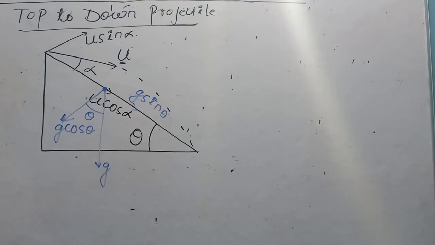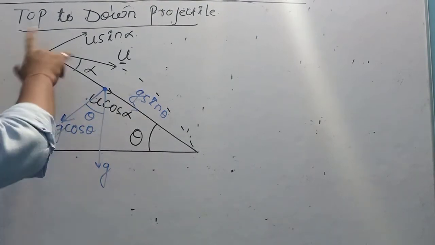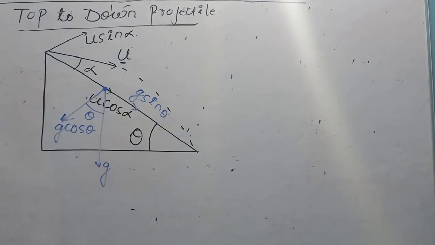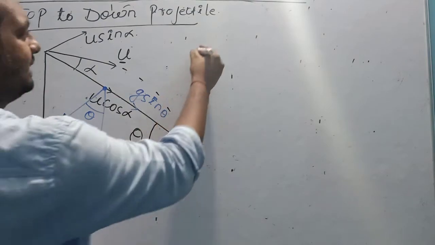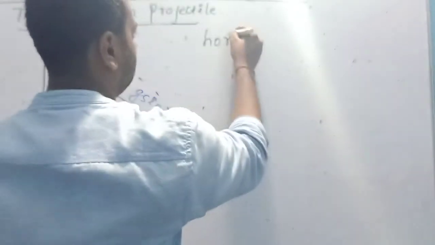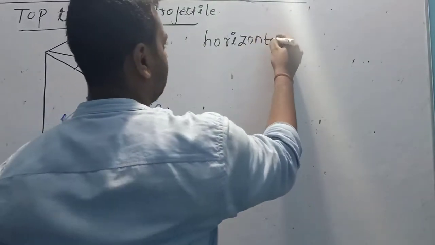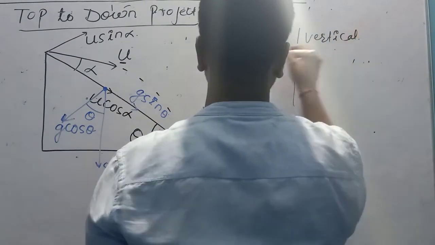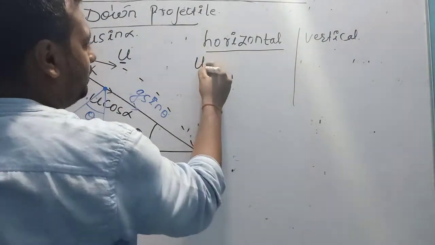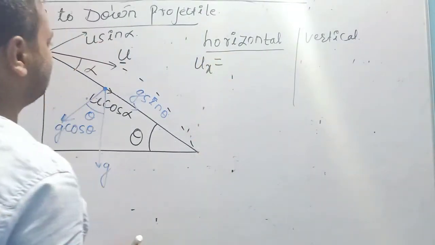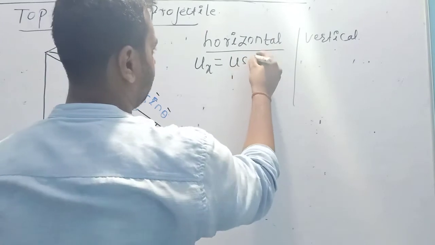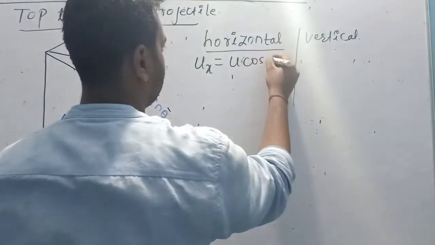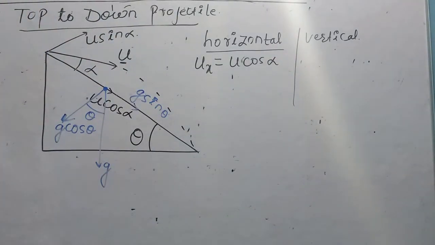There is only one difference between top to down and down to top. If you write here the horizontal motion and vertical motion, what you will observe: x component of initial velocity is u cos alpha, okay.